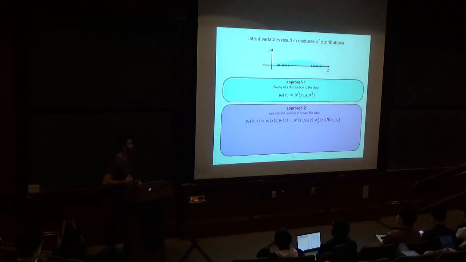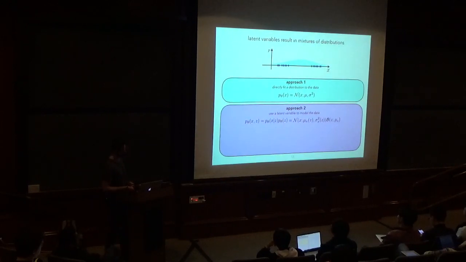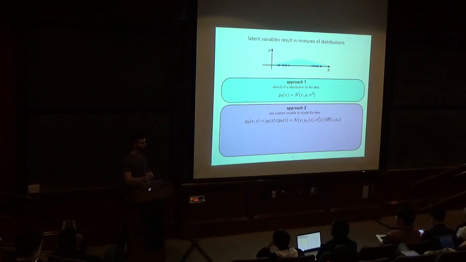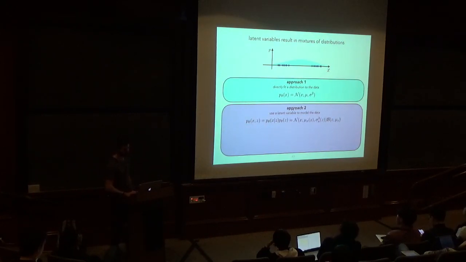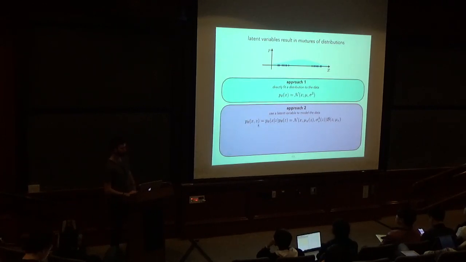And now we might consider a separate approach where we're actually going to use a latent variable to model the data distribution as well. So what we've done here is instead of just having a simple distribution over x, we now have a joint distribution over x and a latent variable z.